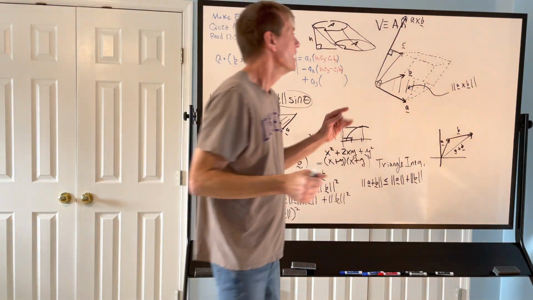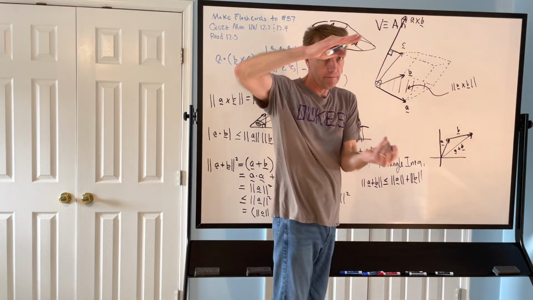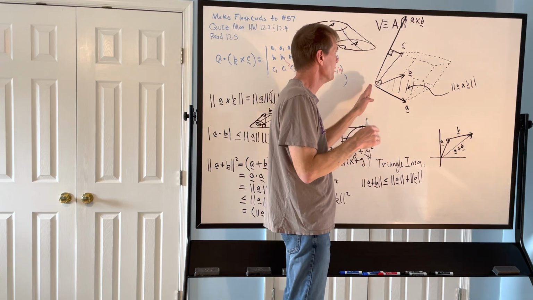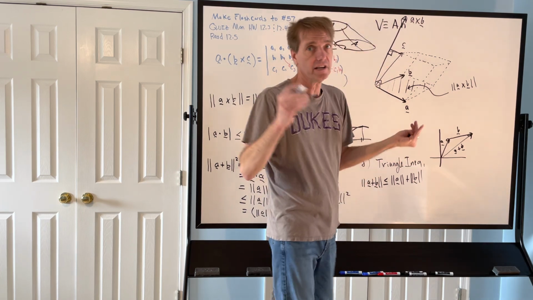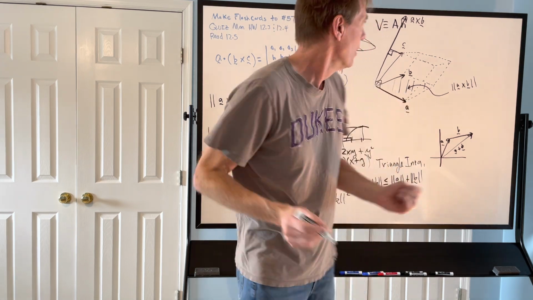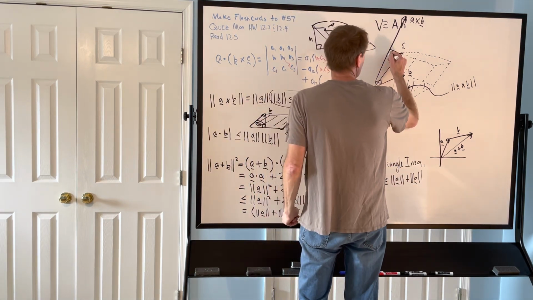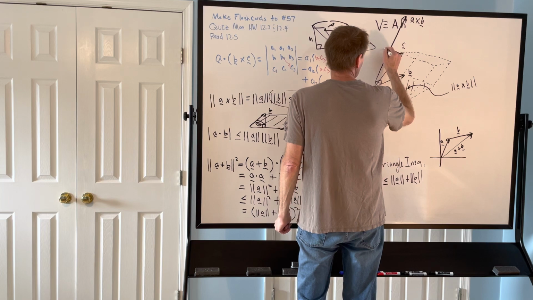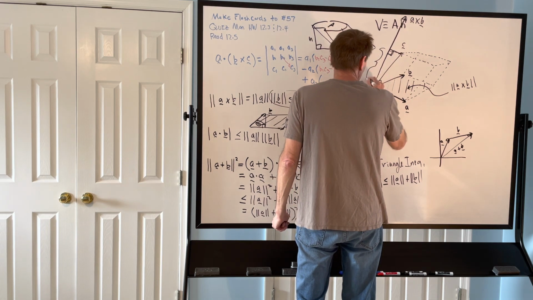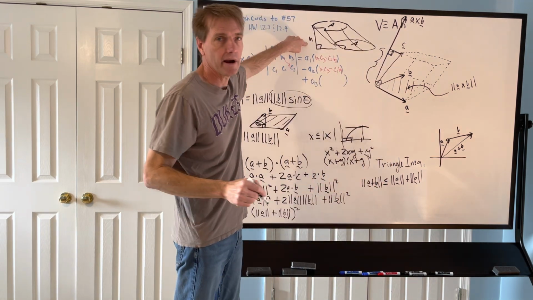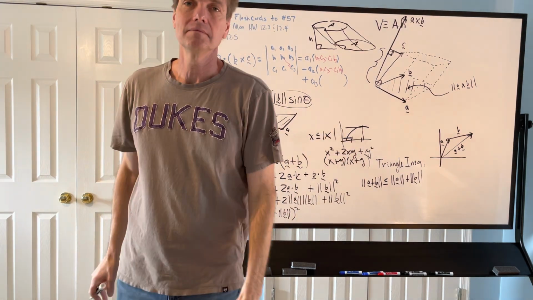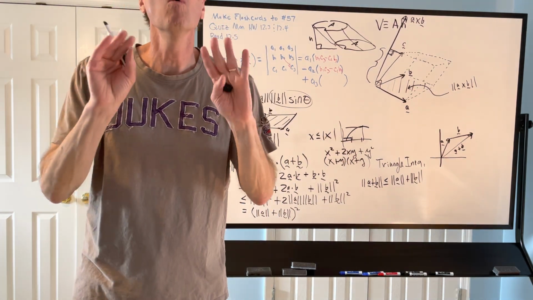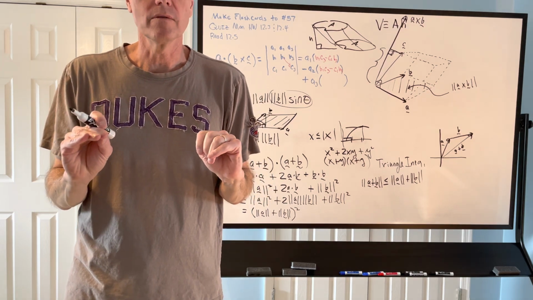And again, it would be nice if I could have my model of my parallelepiped, and then we could actually hold something perpendicular, and you would get it a little better that that's what we want. We really want this distance right here, because that's going to be my height. You're like, Dr. Warren, there's no way you're going to figure that out.